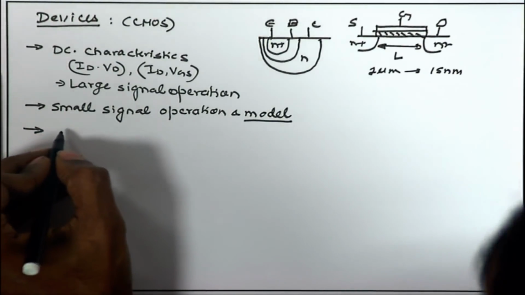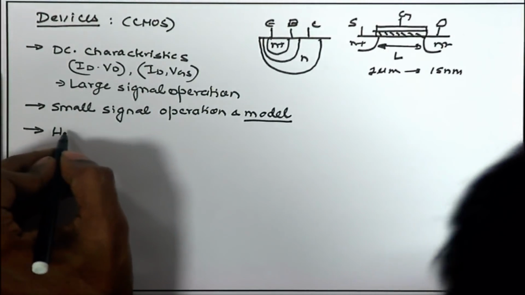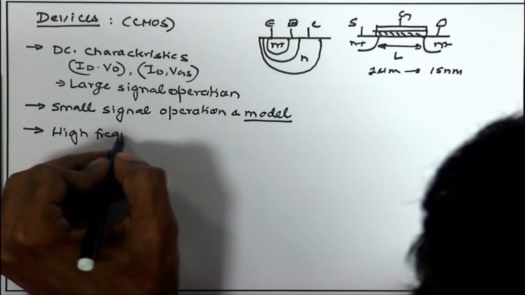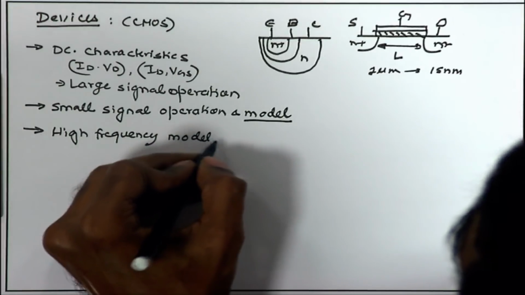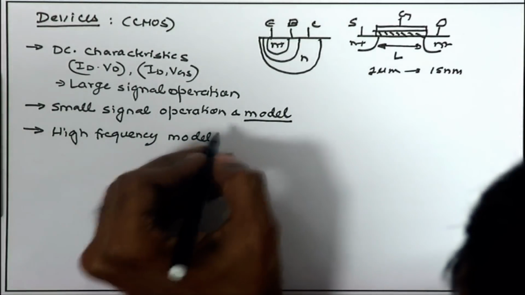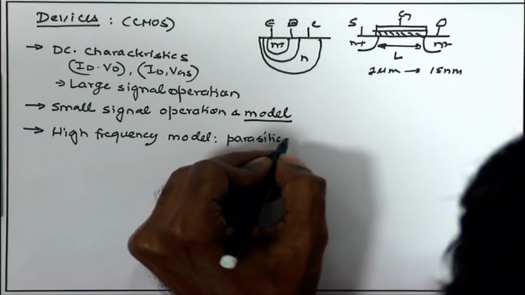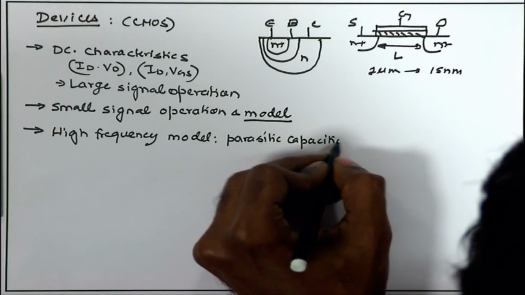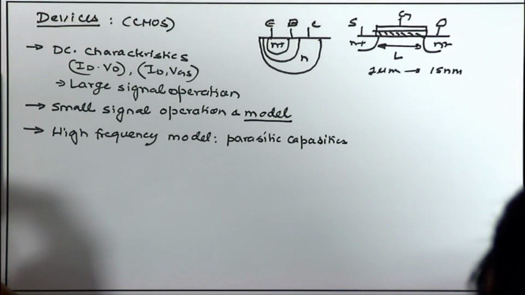So, in connection with the small signal model, once again we are going to have a discussion on the high frequency model, where we are going to talk about the parasitic capacitances, their origin, how they influence the circuit operation, and so on.